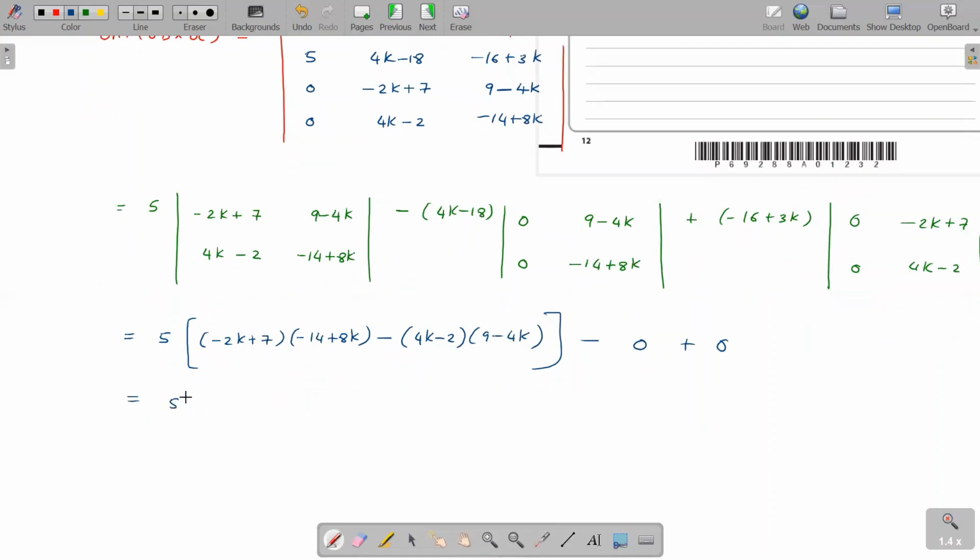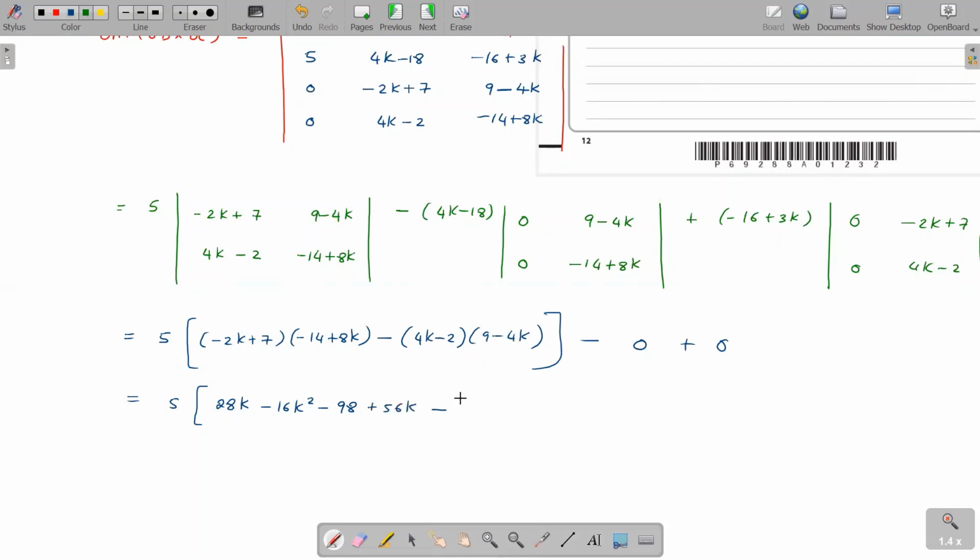So now simplify and get the determinant. Simplify and get the answer here. Minus 2k into minus 14 is plus 28k, right? Minus 2k into 8k is minus 16k square. 7 times minus 14 is minus 98. 7 into 8 is plus 56k.